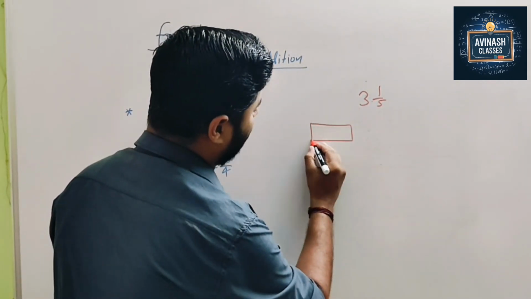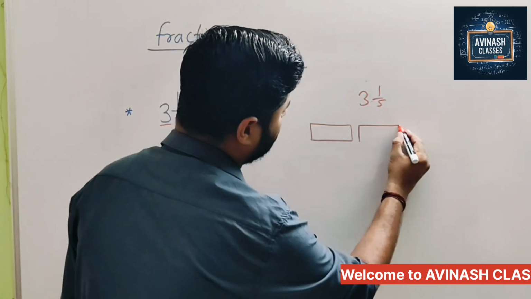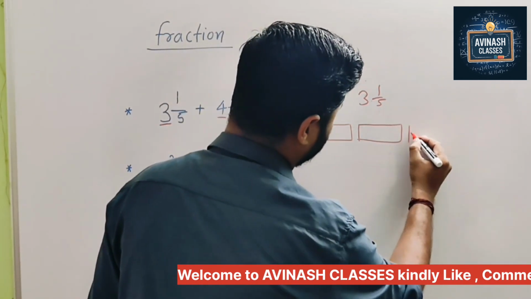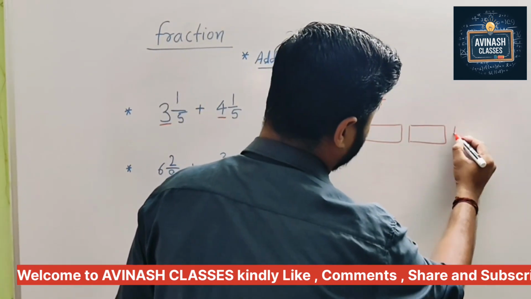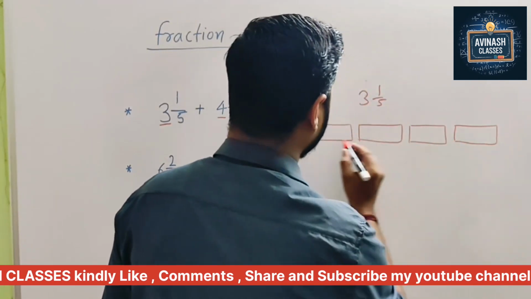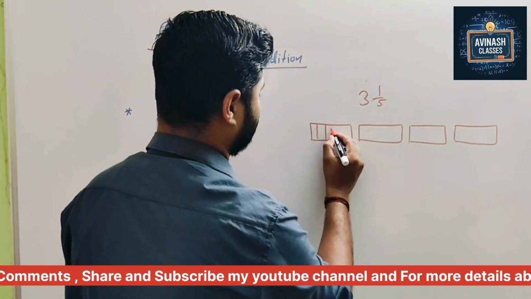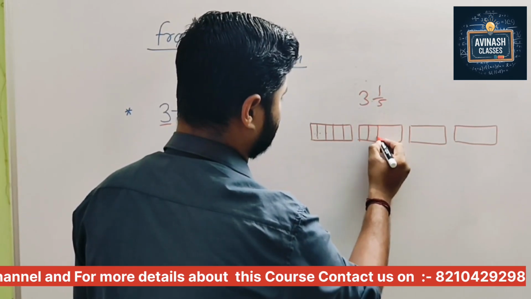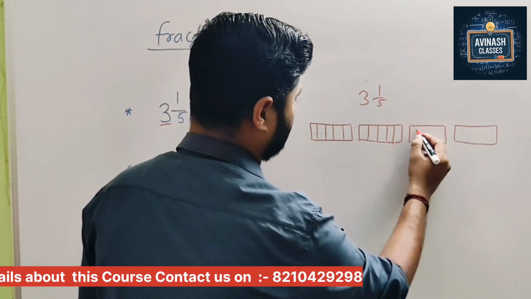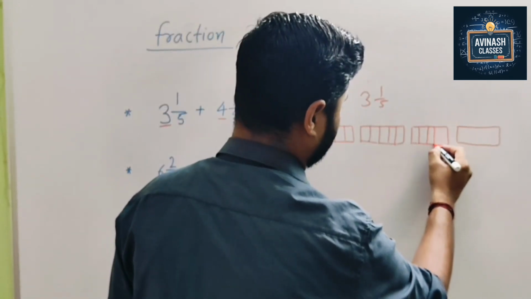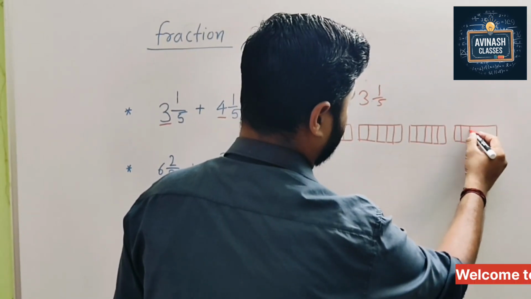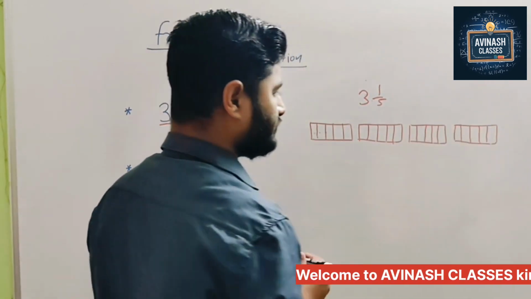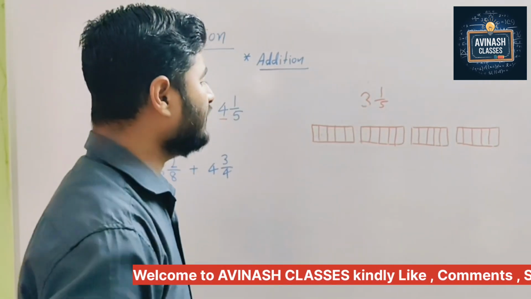Suppose I make 1, 2, 3, 4 boxes. Each should be divided into 4 parts, 5 parts, sorry. Now, 3 means what?